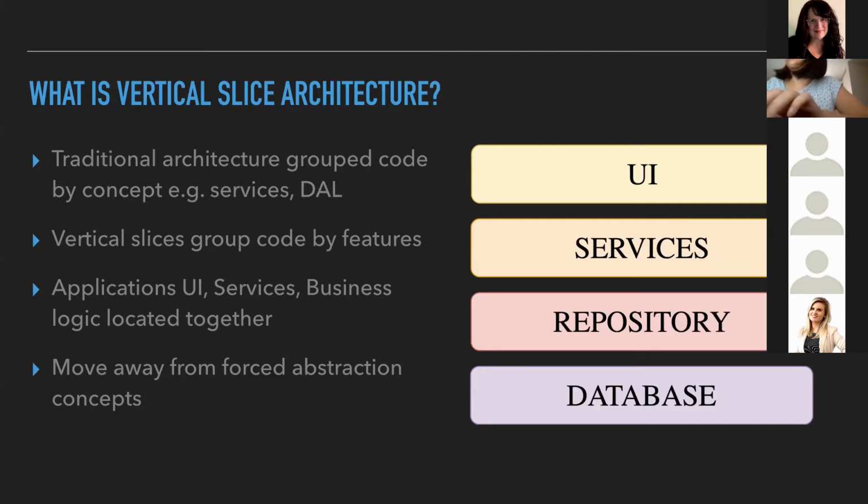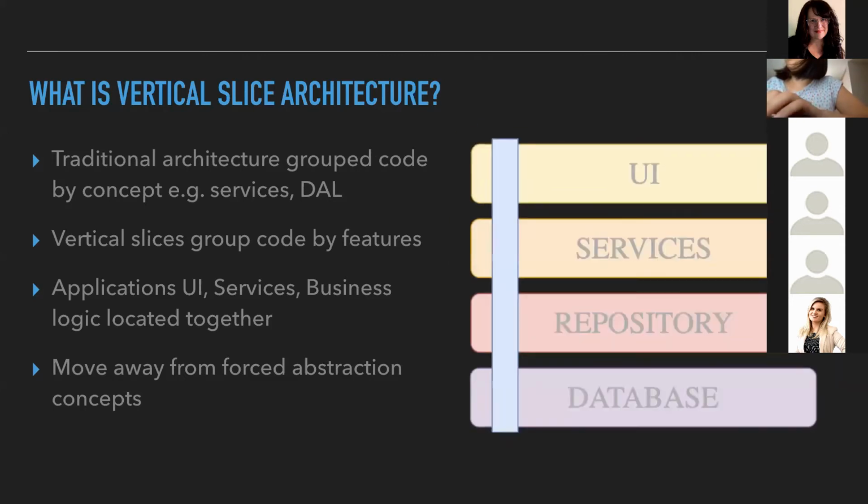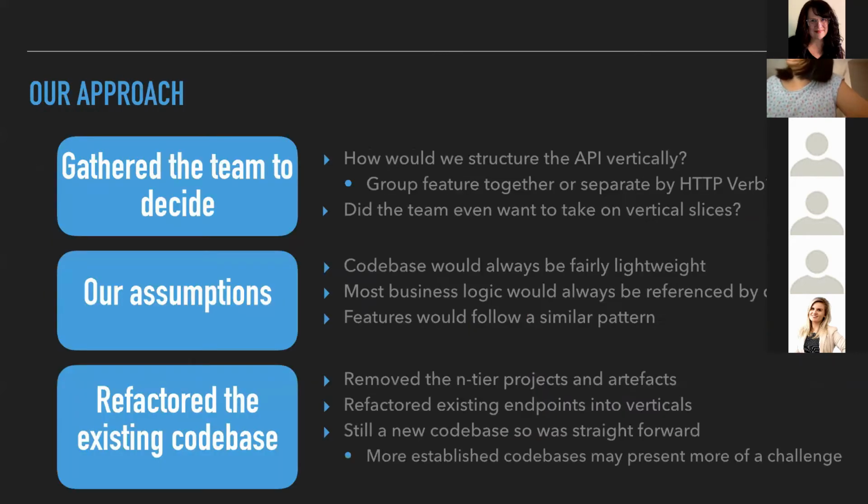But with vertical slices, all of your code actually lives in that vertical slice, in that particular feature, so that you don't call across to other verticals to complete the request, and you don't have this separation of concerns. One of the things with n-tier applications is that a lot of the time you're forced into adhering to abstraction concepts, which was one of the things that was nice about moving into vertical slices.